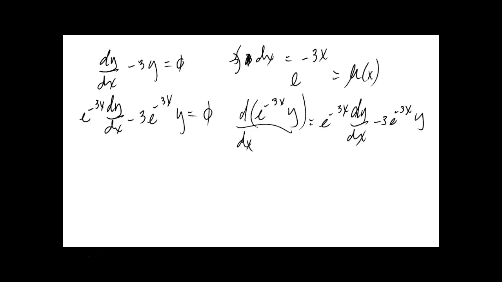So we're going to replace this with d of e to the minus 3x times y. You might want to put the y in front; it doesn't matter, but I like it better that way. That is equal to 0. I know this is a separation of variables, but you can still integrate both sides, can't you?